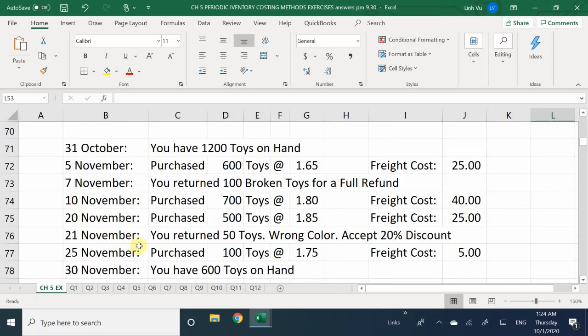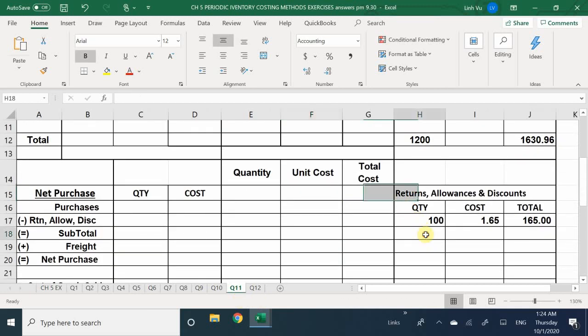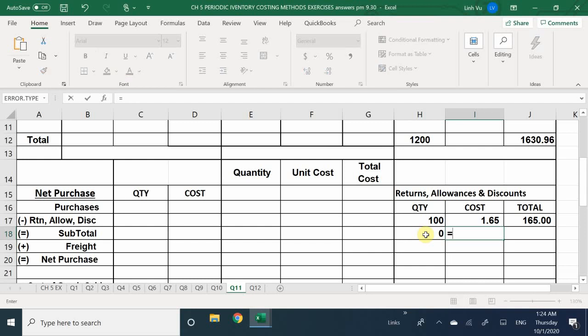So then on November 21st, you returned 50 items which were the wrong color and were willing to accept the 20% discount. So 50 toys were the wrong color and you were accepting a 20% discount. So in this case, I'm not actually returning anything.